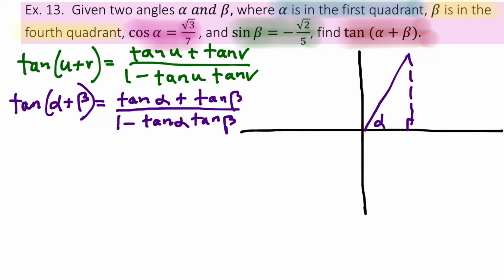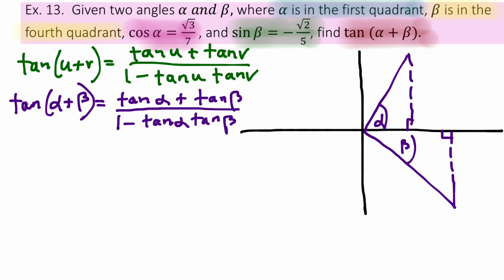So let's draw the terminal side for beta. So I'm just drawing a random terminal side there. It may not be the right size, relatively speaking, but I'm just going to draw it anyway. So this right here is beta. All right, and this is alpha.